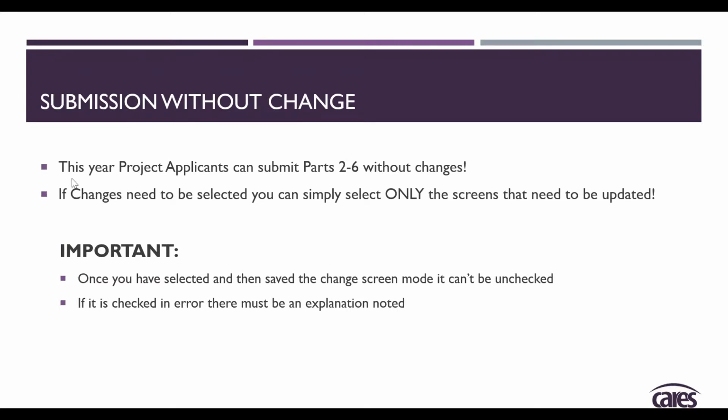So submission without changes, this is what I said was amazing and helps make the application submission process so much easier, because you usually don't change any information within these areas anyway. So this year, project applicants can submit parts 2 to 6 without changes.